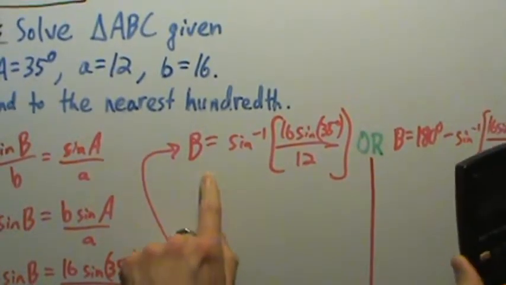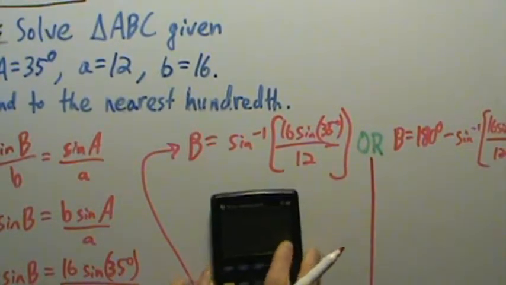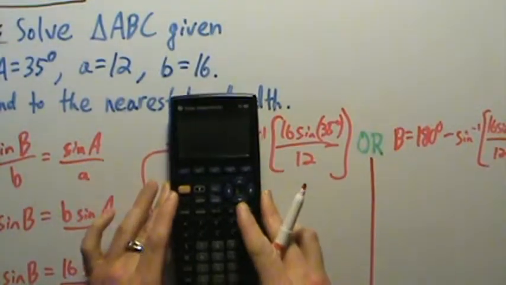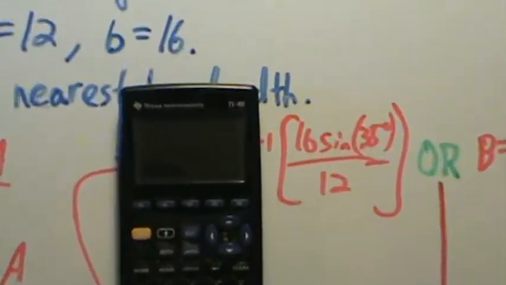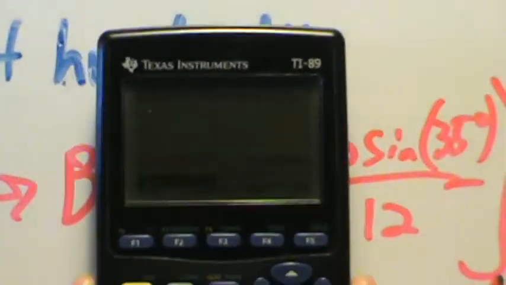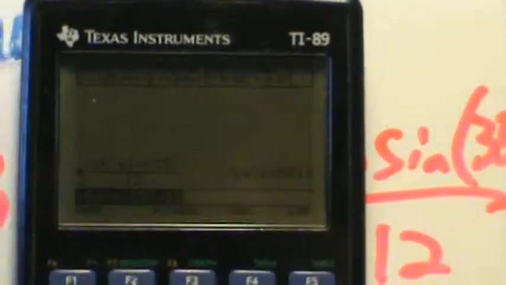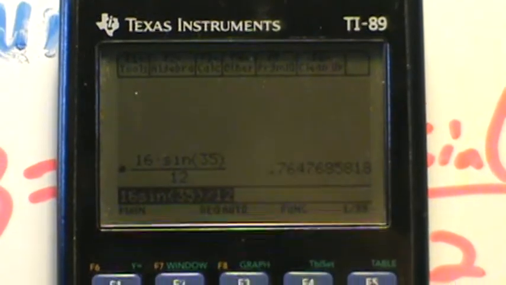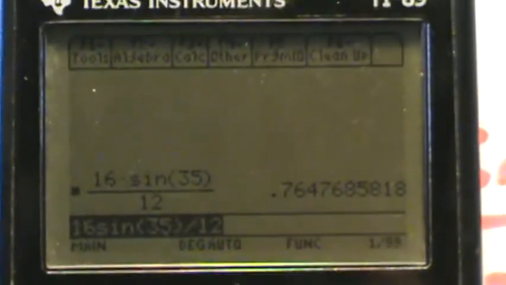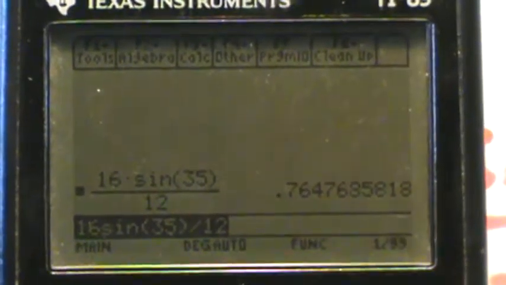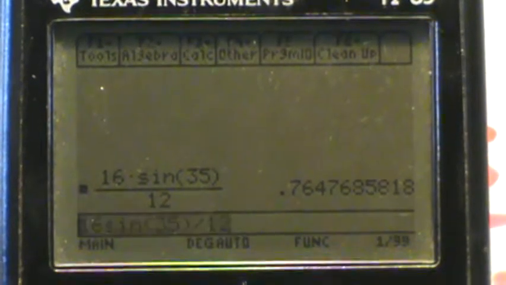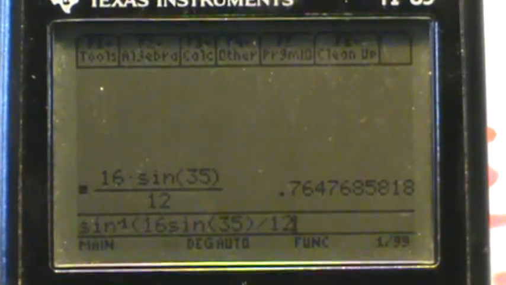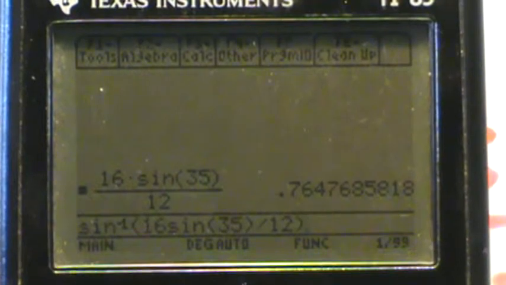So B equals the inverse sine of all this mess. Let's go ahead and continue with that. Again, we only did this part in the calculator to verify that this is actually something we could take the inverse sine of. Now that we know it is, let's do the inverse sine of this expression, not the approximation. Be very careful about that.